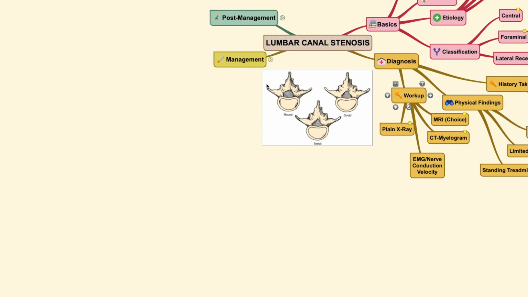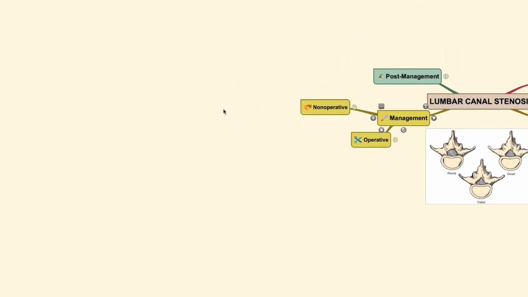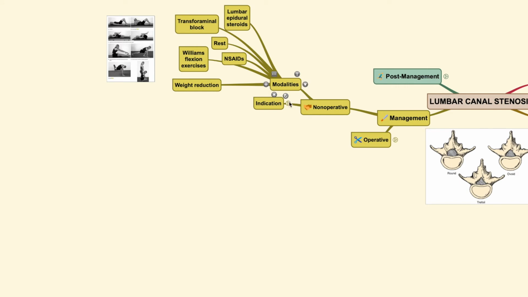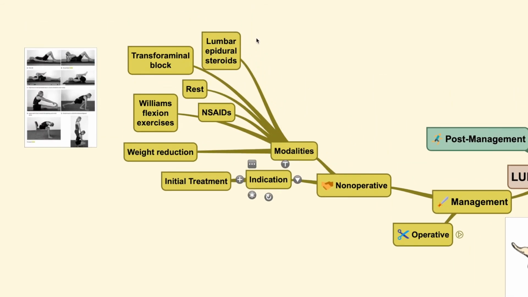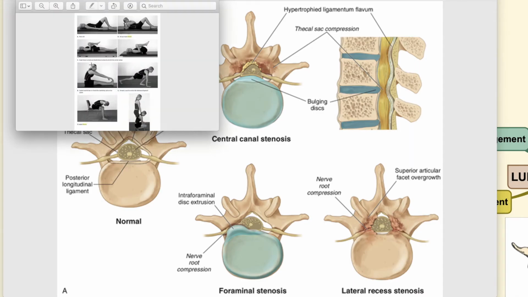And next, we are going to move on to the management plan. While this condition may sound severe, usually it can be successfully treated with non-operative modalities such as lumbar epidural steroids and transforaminal blocks. These are all injections that you do on the spine. You could also go for an easier method such as resting, NSAIDs, weight reduction, and performing Williams flexion exercises.